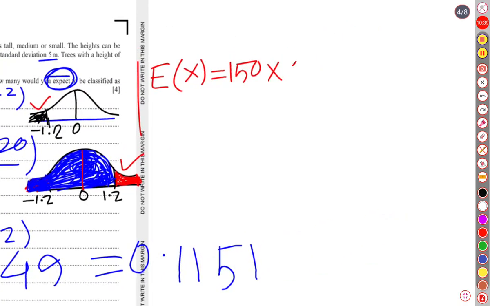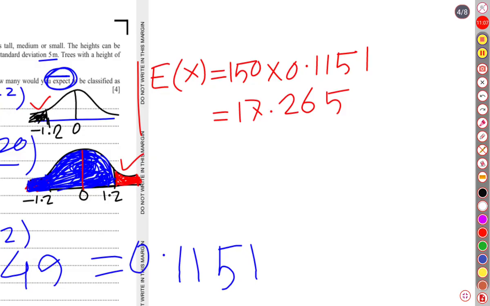Then finally, if we multiply this, it is going to be 17.265. Now they have told us to find the number of trees.